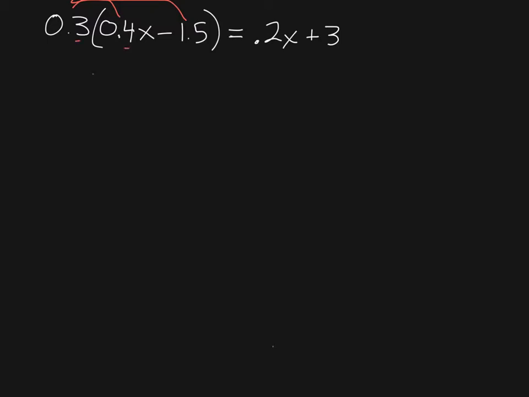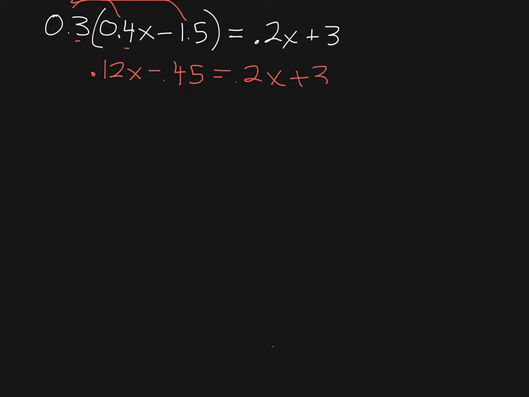So I'm going to have 0.12x, and I have 0.3 times negative 1.5. If I think about it as 3 times 15, I get 45, and I have 2 decimal places. So this will be minus 0.45 equals 0.2x plus 3.